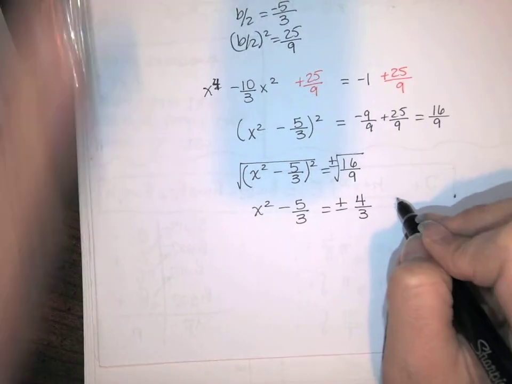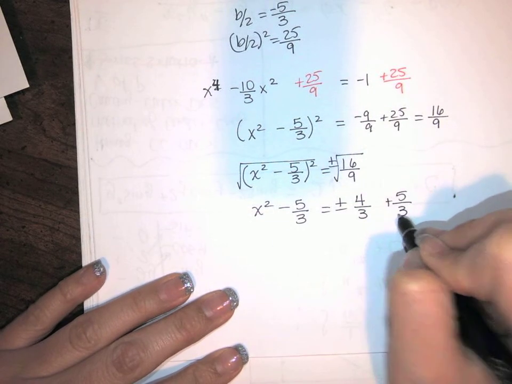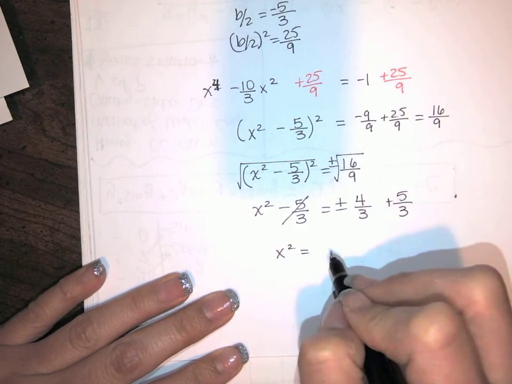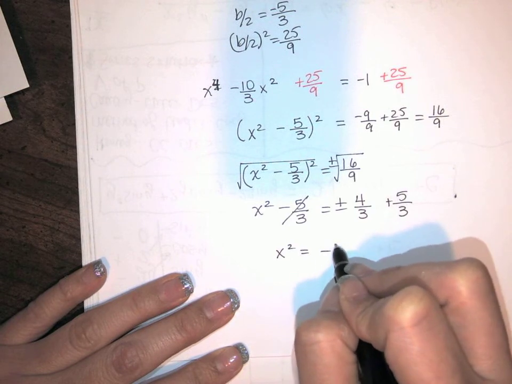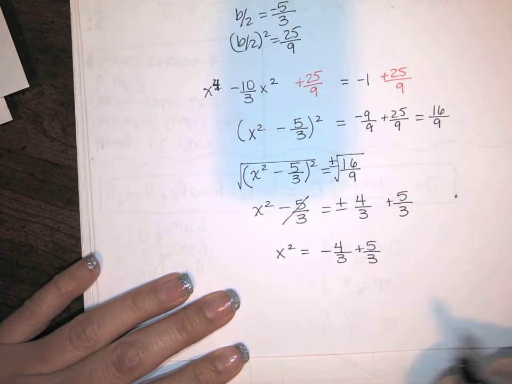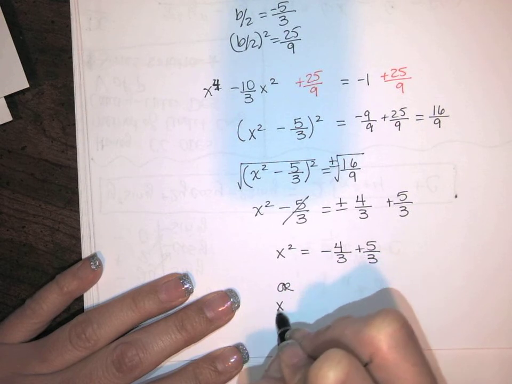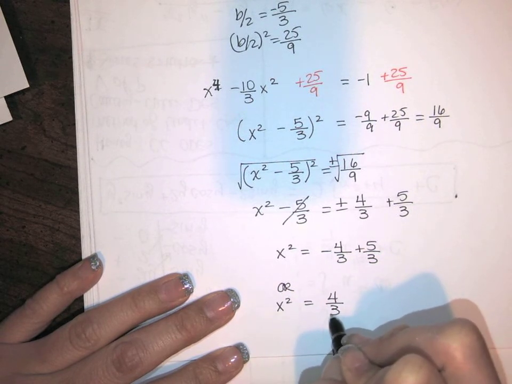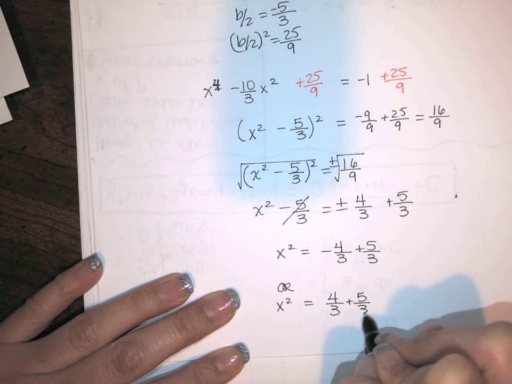So we'll add the 5 over 3 to both sides, and we'll get x squared equals -4 over 3 plus 5 over 3. That's one possibility. Or x squared equals positive 4 over 3 plus 5 over 3.